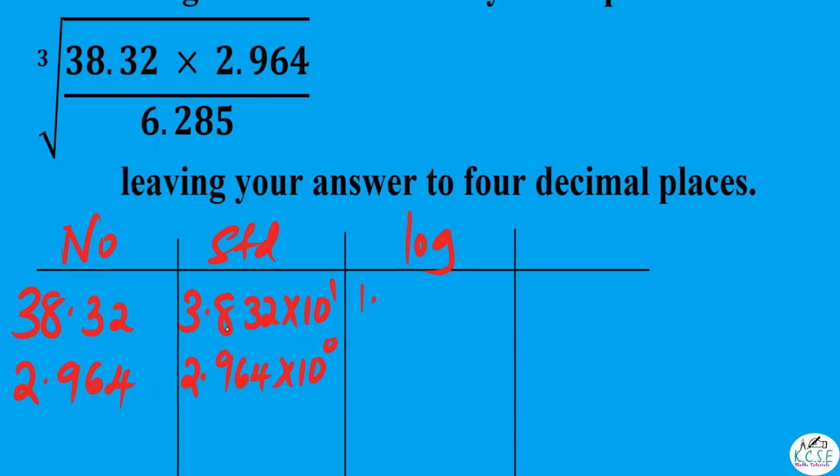The log of 3.832, from the mathematical tables, is 5834. The logarithm of 10 raised to power 0 is 0. The logarithm of 2.964 is given by 4719 from the table. Now since we are multiplying the two numbers, 38.32 and 2.964, we add their logs.